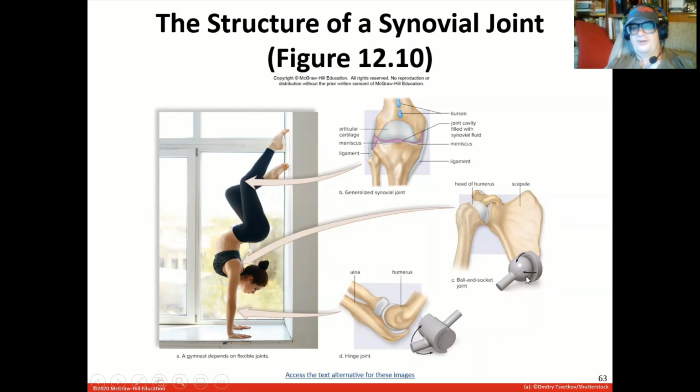Here we have a ball and socket joint. That's the glenoid fossa of the scapula and the head of the humerus. Again, we've got tendons of muscles that attach to the scapula and then attach here on the tubercles. Those hold the head of the humerus into the glenoid fossa, up against each other, and all those tendons grow together and form the capsule that keeps the lubricating fluid inside.